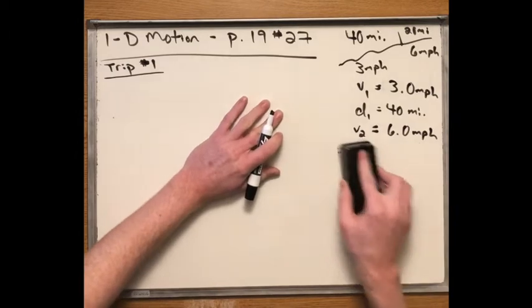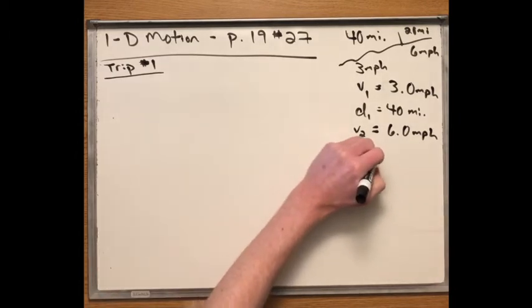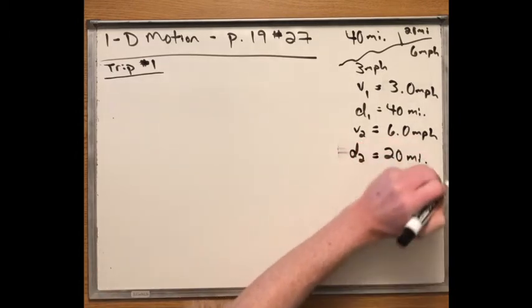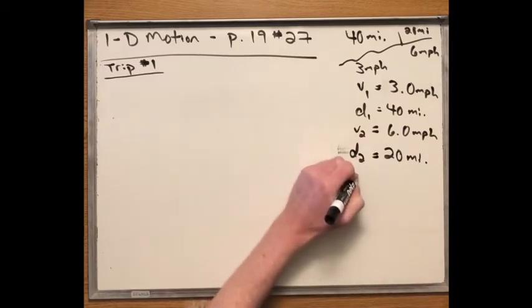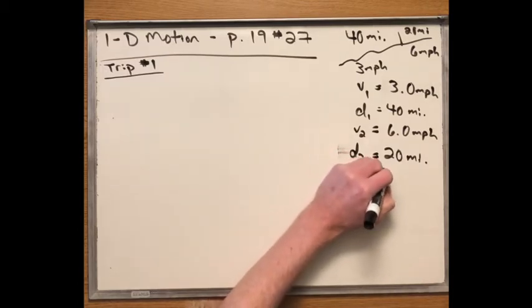And then D2 is 20 miles. And what we're looking for, ultimately, is the average velocity.